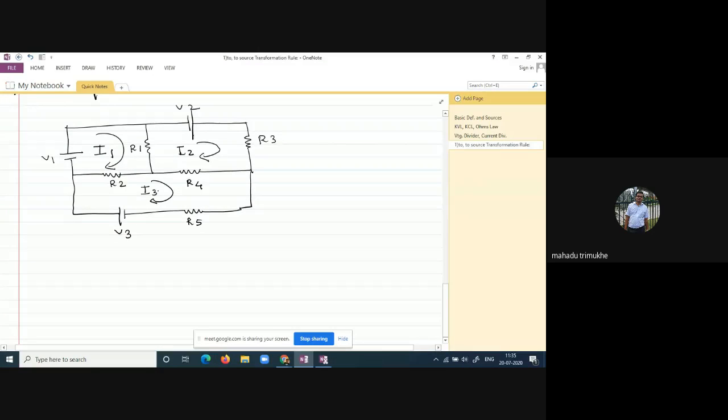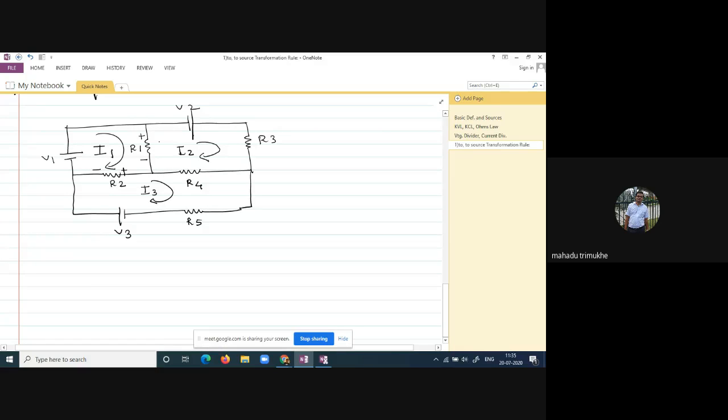Then you have to assign the polarities also. For convenience, you have to apply the polarities of the elements. Suppose we have a resistor over here, we assign the polarity from positive to negative, here R1, positive to negative for the first loop I1.